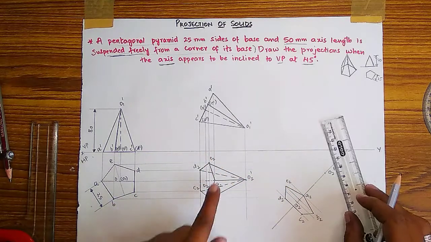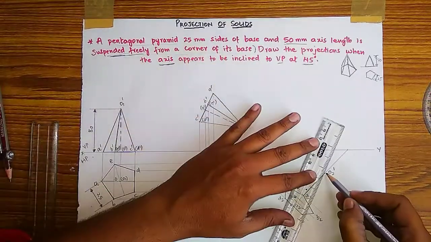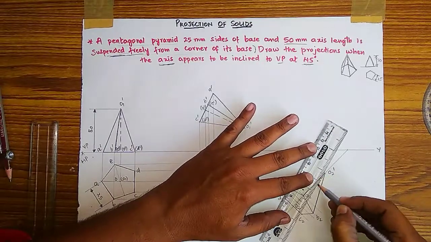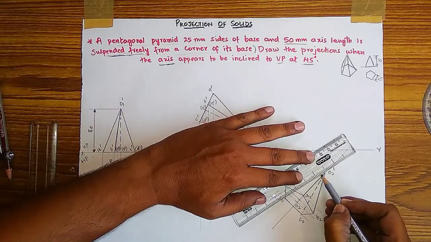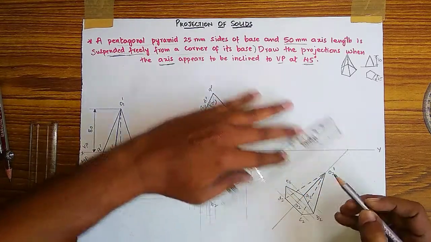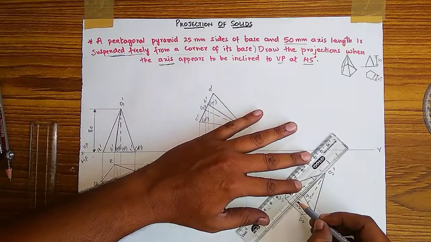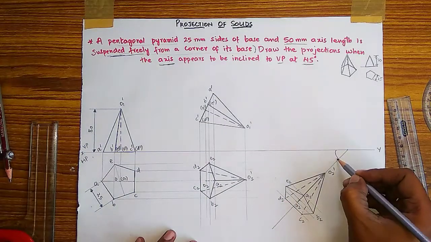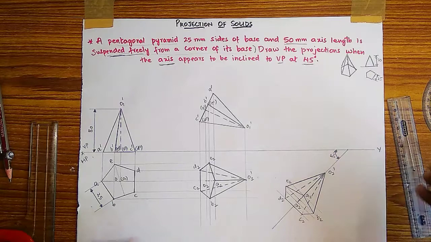Now A to O is dark, B to O is also dark, C to O is dot dot, D to O is also dot dot, E to O is dark. The remaining axis line we have to draw. The same figure I have copied on the angle which is given as 45 degrees in the question.